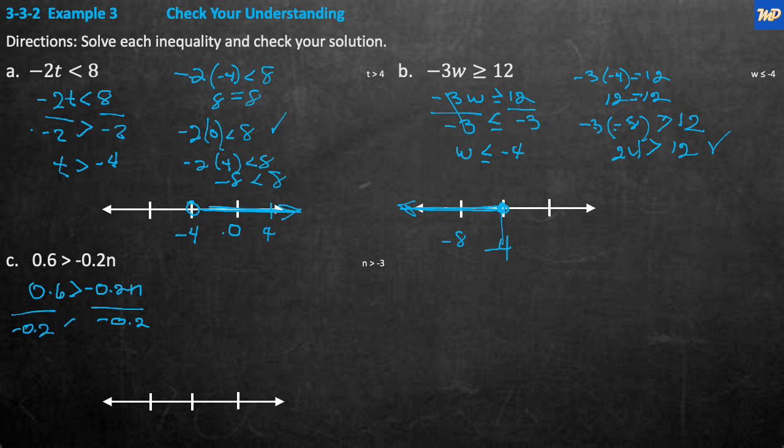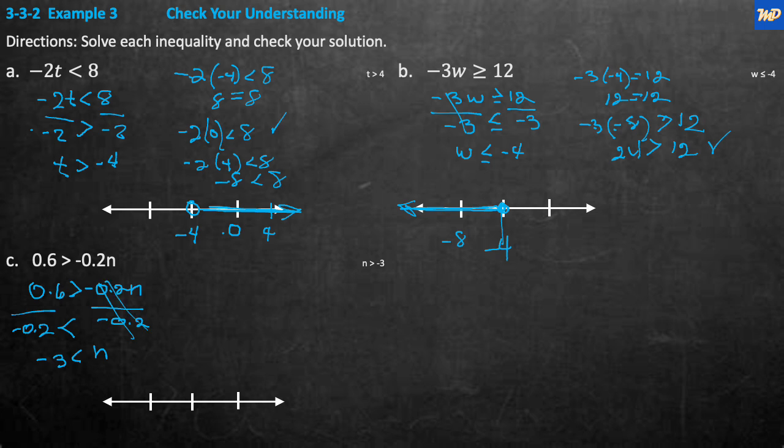from greater than to less than, okay? So now when we do that, 0.6 divided by negative 0.2 is negative 3. And that negative 3 is less than n, because these cancel, right?